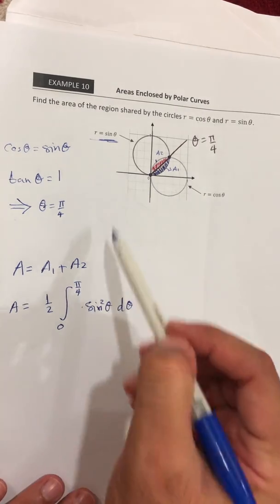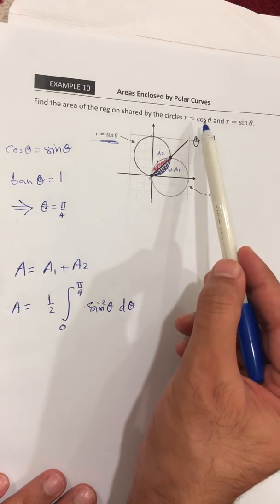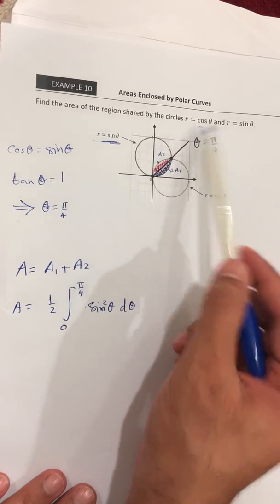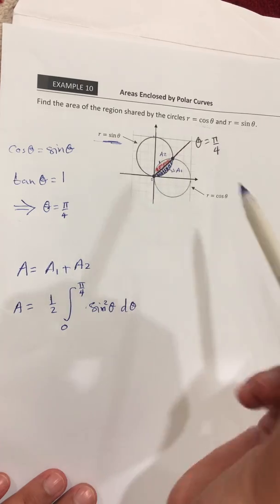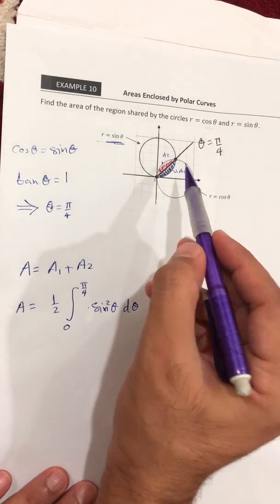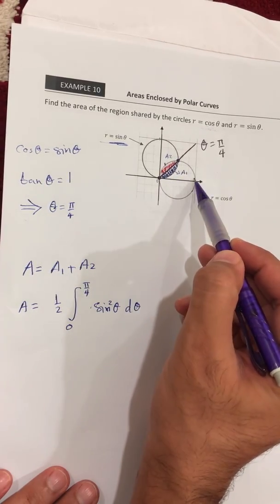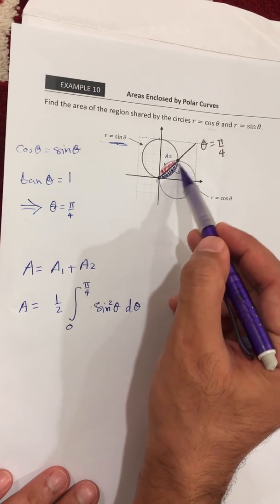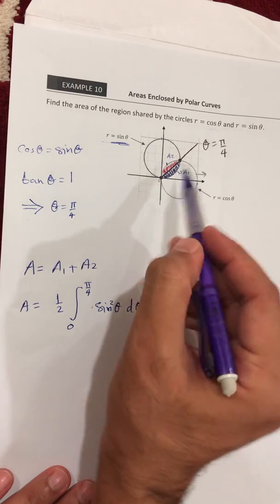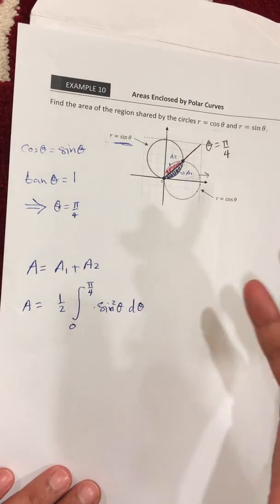Again, why did I choose sine theta? Because suppose that I choose cosine theta. What is the area enclosed by cosine theta from 0 to pi over 4? Remember that this is r equals cosine theta. So if I choose cosine theta from 0 to pi over 4, then I will get this whole area, which is not the area I want.